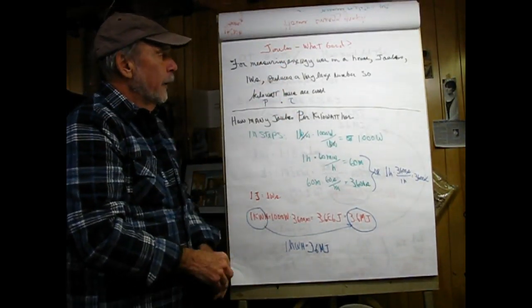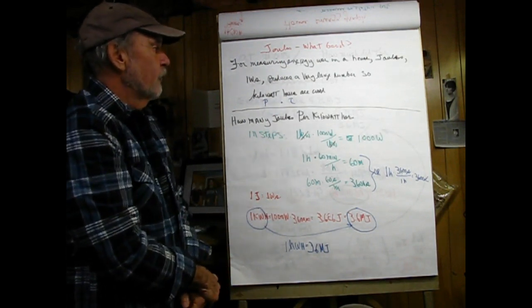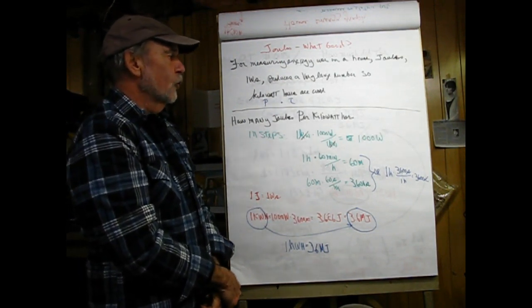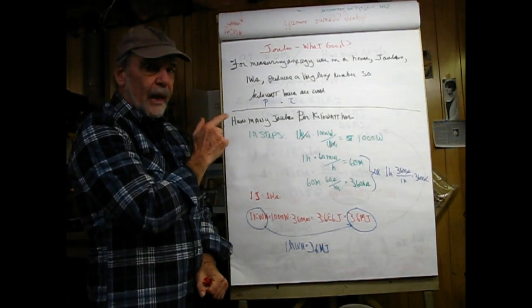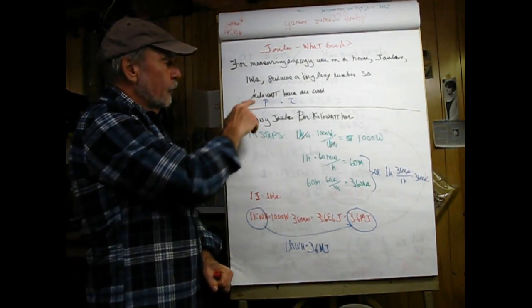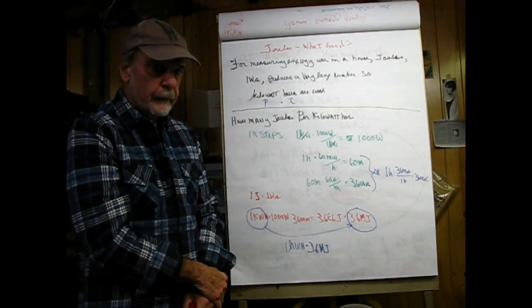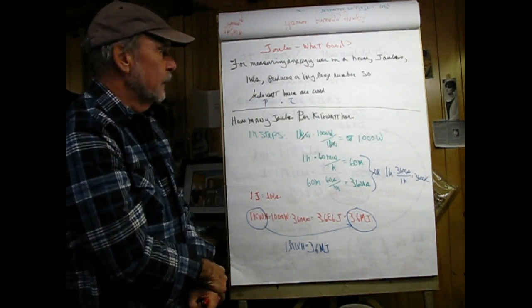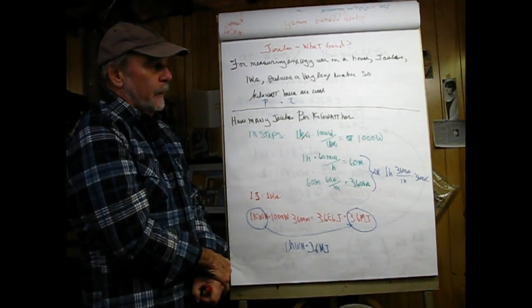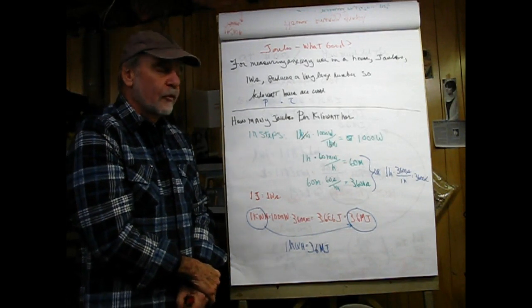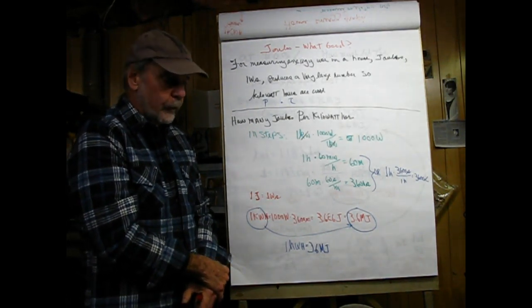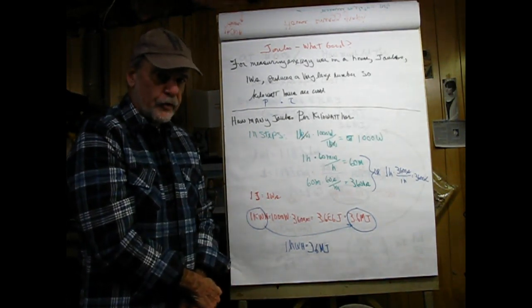So joules, what good are they? They obviously measure energy use in a house. It is equal to 1 watt times a second, and it's wrong to say 1 watt per second. It's times 1 second. Now, if we want to measure energy in a house, this leads to a very large number, and we could see before we're talking about megajoules.